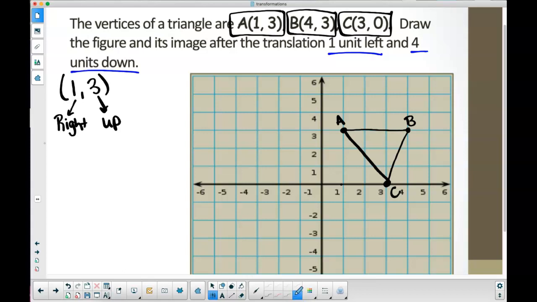I'm going to take point A and I'm going to move it 1 unit left and 4 units down. 1, 2, 3, 4. And I'm going to put a dot right there. So 1 unit left and 4 units down. What should I label that point? I can't label it A because this is already A. Well, this is B.